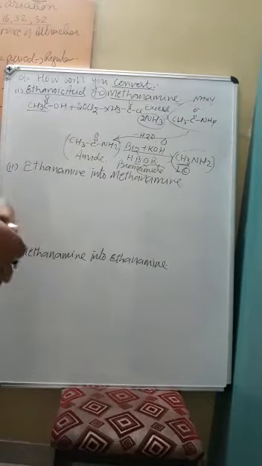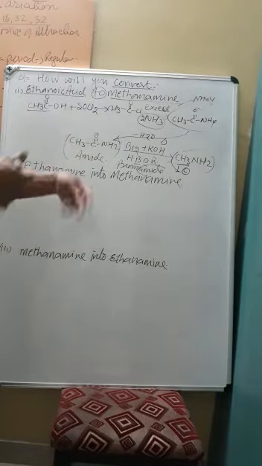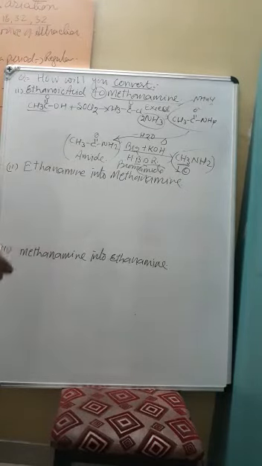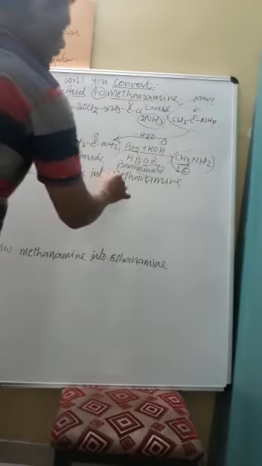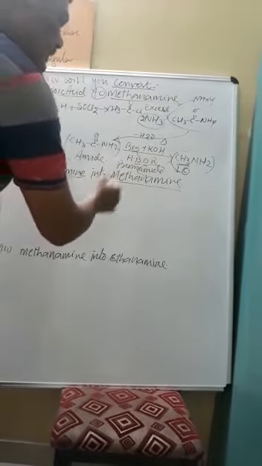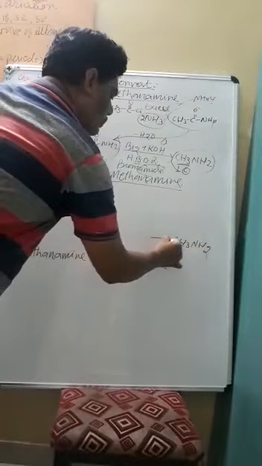That means again we have to check our overall knowledge of organic chemistry. That is, look at here, the ethanoic acid is converted into ethanamine. Again, ethanamine into methanamine means again our main product is what? Methanamine. And how to form methanamine?